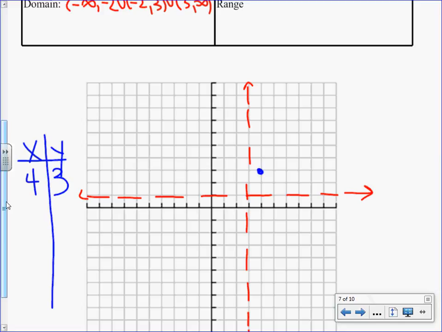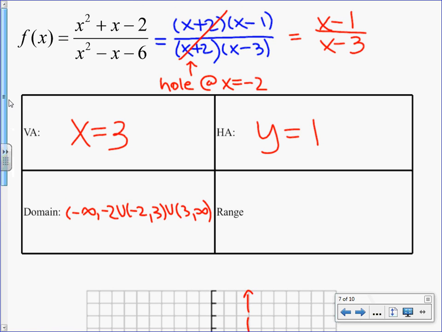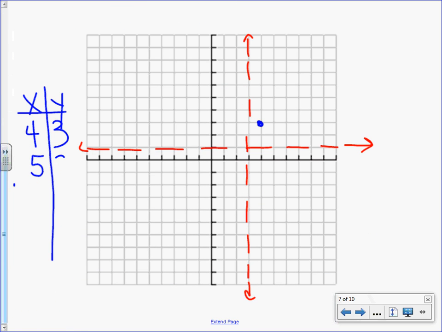And then we should probably plug in 5. 5 would be nice, right? What happens when we plug in 5? Oh, these are nice numbers, aren't they? So we get this nice curve here. Is there not a curve on the sides of the asymptotes? It will always curve like that, whether it be above or below.